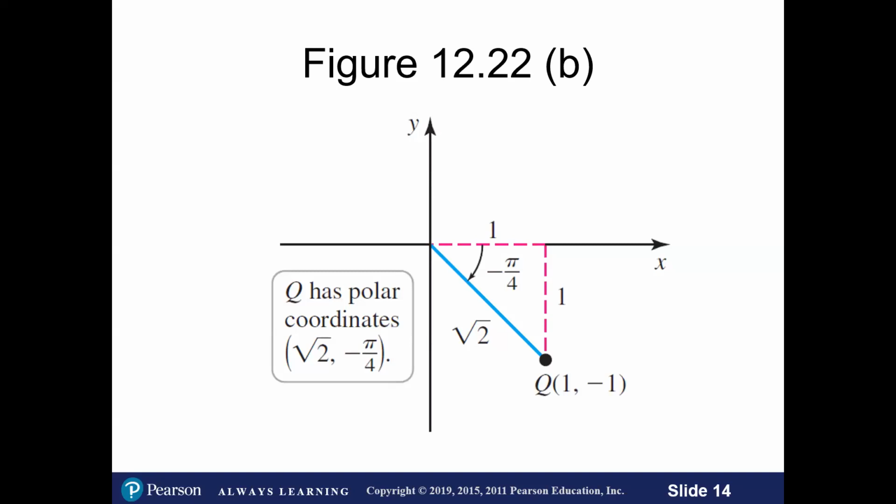All right, now let's do another. Let's look at the case where we are going to convert from rectangular to polar coordinates. So let's suppose that the point is 1, 1. We'll locate it down here. So we see it's 1, 1.